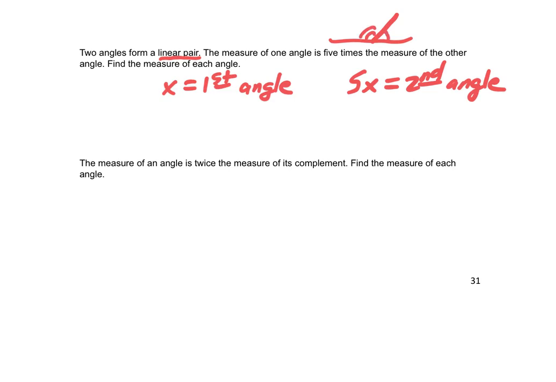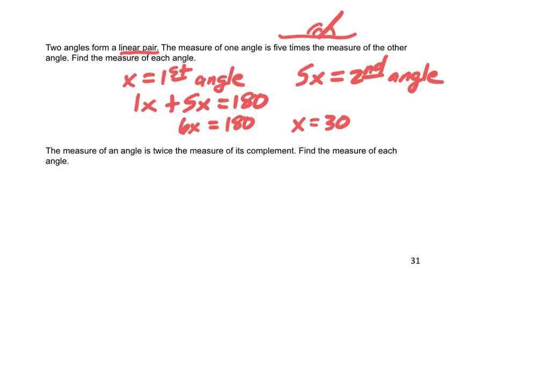You don't necessarily have to have a picture here, but x plus 5x equals 180. If there's nothing in front of the x, we assume that to be a 1. So that makes 6x equals 180. Then we divide by 6, and we get 30.